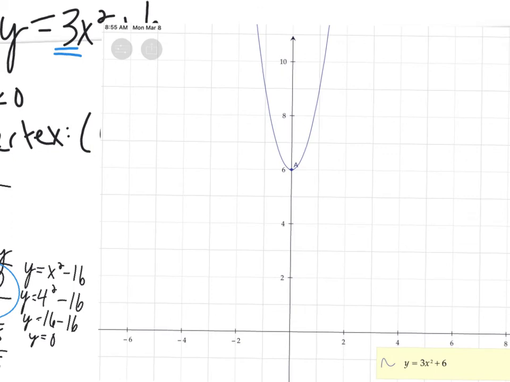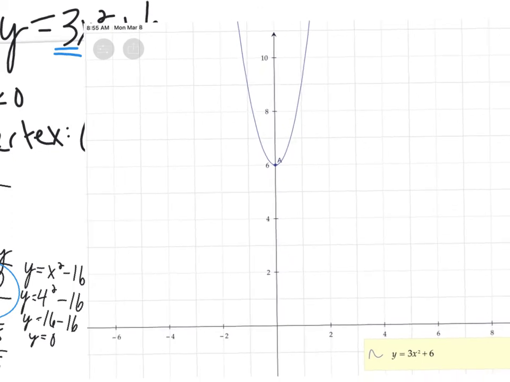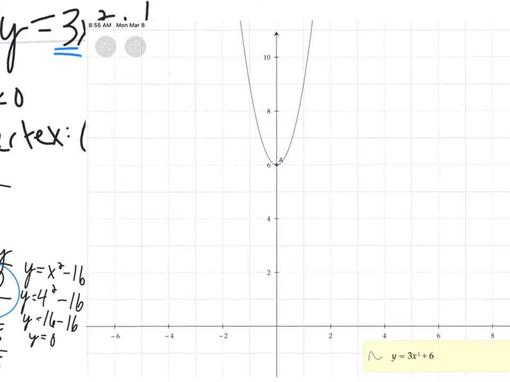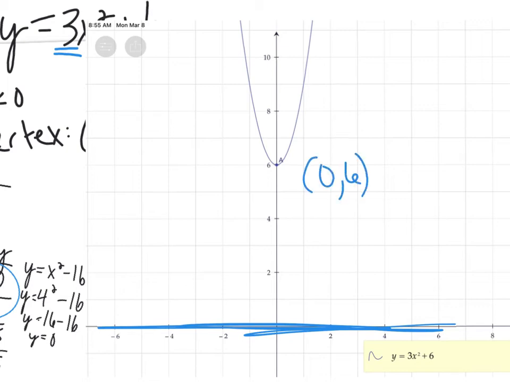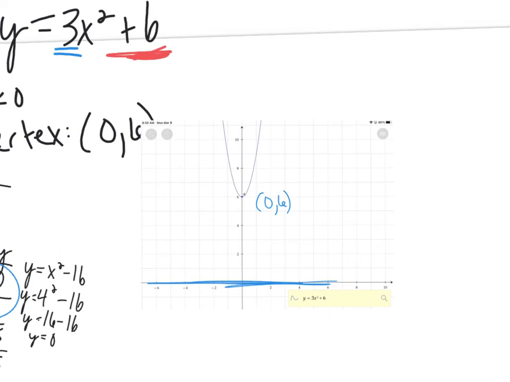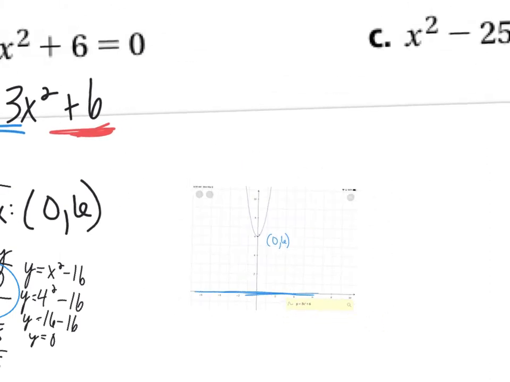Remember, our goal here is finding the solutions, the roots, the x-intercepts ultimately. So this actually does not have any x-intercepts. Here's our x-axis way down here. Okay, we were at 0, 6, remember, for our vertex, and it was opening up. So this is going to have no real solutions.